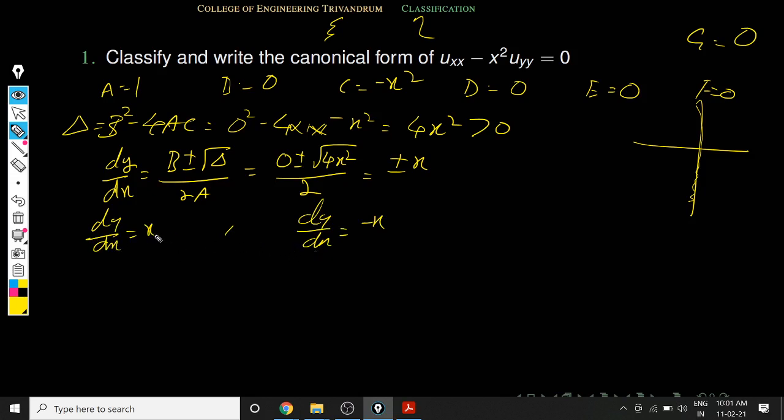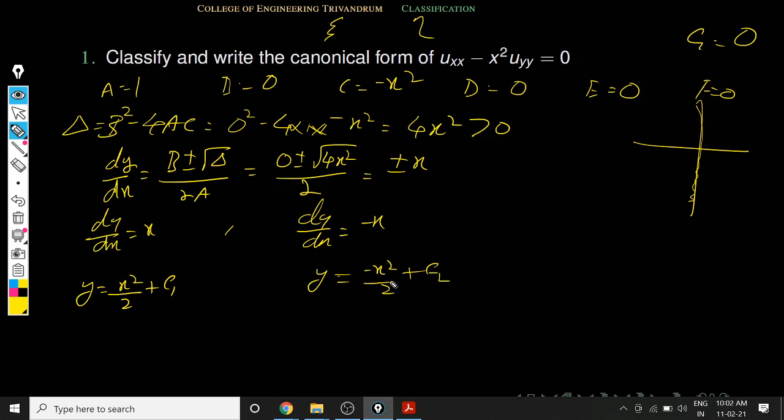How to solve this differential equation? You simply integrate, because it's a very simple equation, you can integrate directly. By integrating this expression, we have the solution y is equal to x square by 2 plus some constant c1, and from the other expression we get y is equal to minus x square by 2 plus c2.